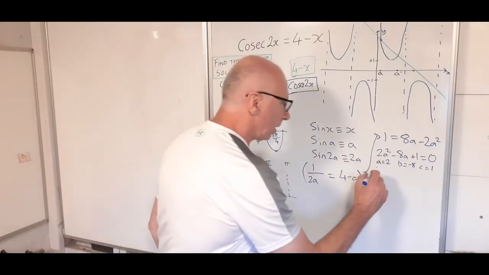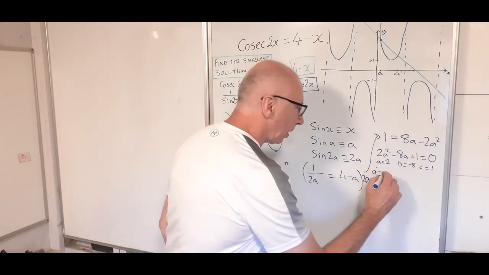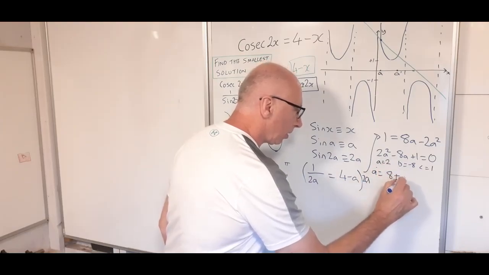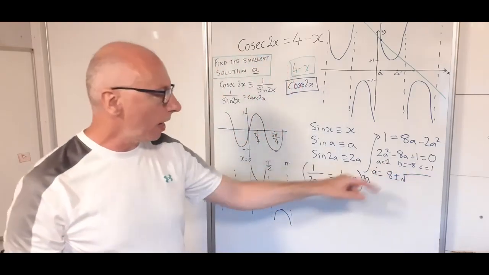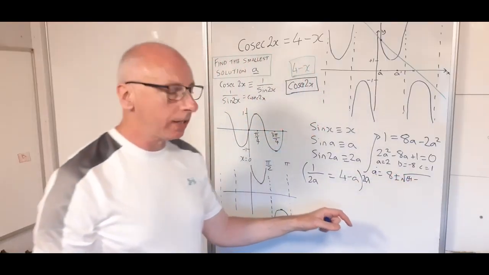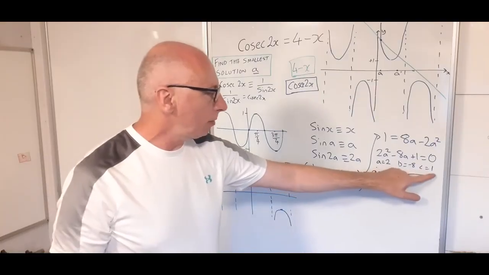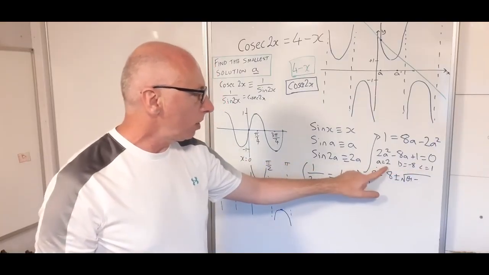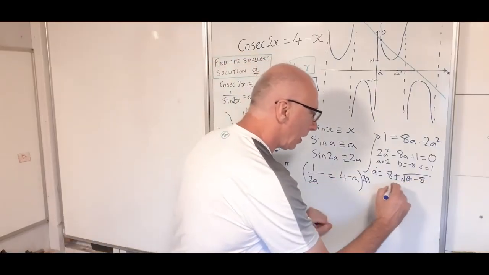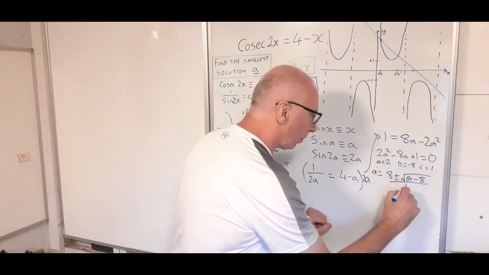So A equals minus B, which is minus minus 8, so that's 8, plus or minus the square root of B squared, which is 64, minus 4 times A times C. 4 times C is 4, times A is 2, so 4 2s are 8. And then divide by 2A, which is 4.